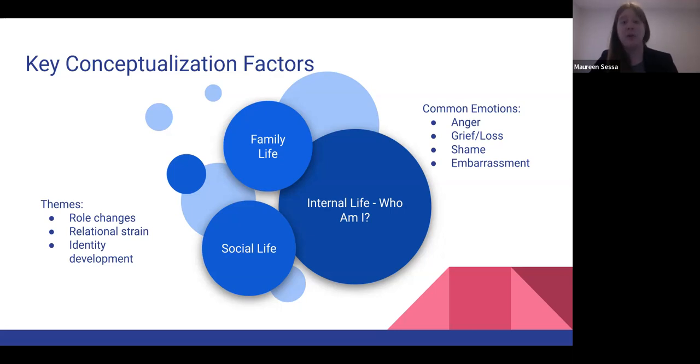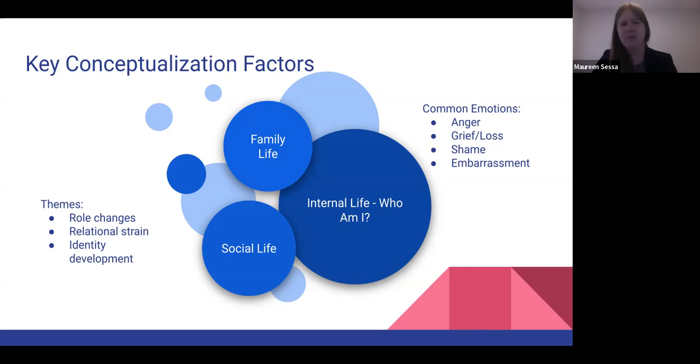Beyond confusion, though, we might see some common emotions come up with young adults. There's this sense of anger that this is happening to someone so young. There's a feeling of grief and loss in relation to having a condition that maybe was not expected, or taking a look at their lives and thinking, wow, I am probably going to have this for the next 50 years.